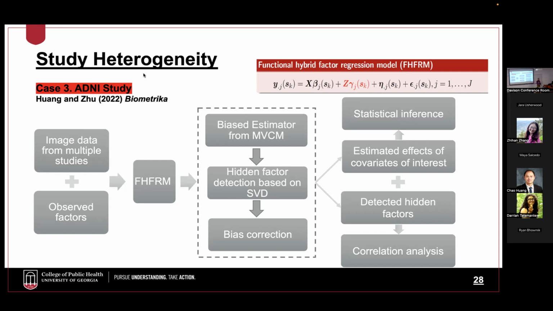The goal of this model is to simultaneously investigate the relationship between Y, the imaging features, and all the variables we are interested in, and also to recover or identify the unobserved factors from our study.